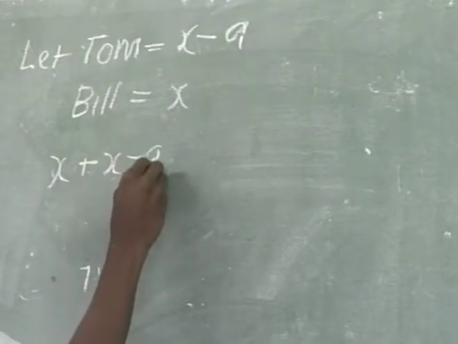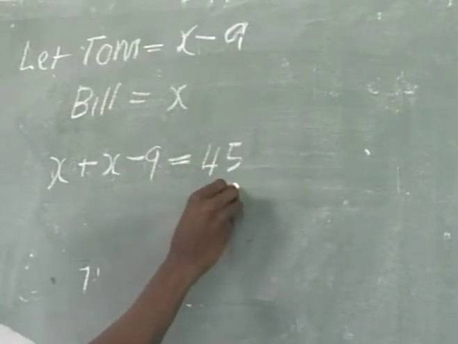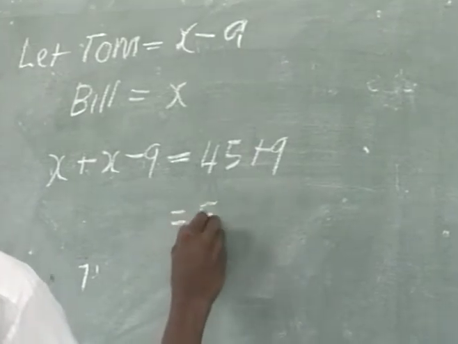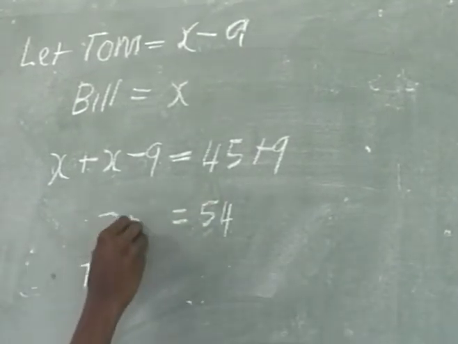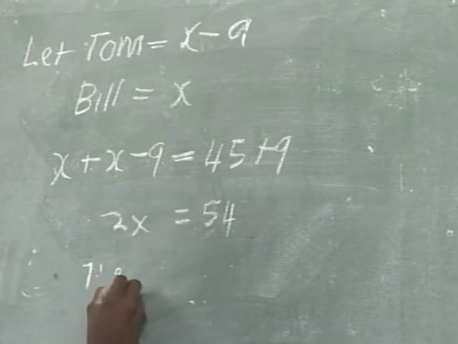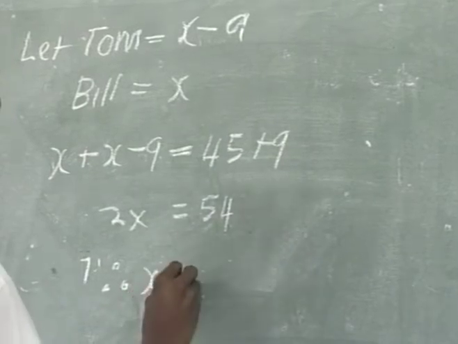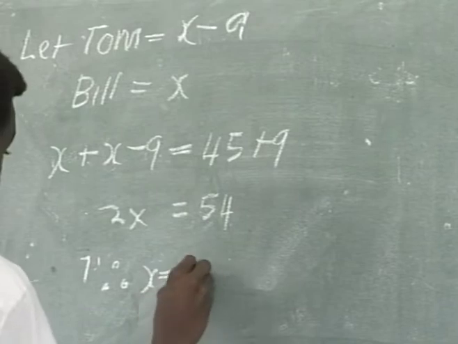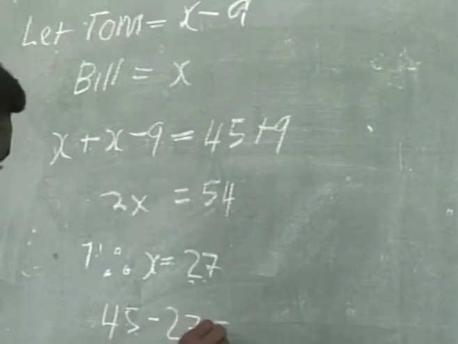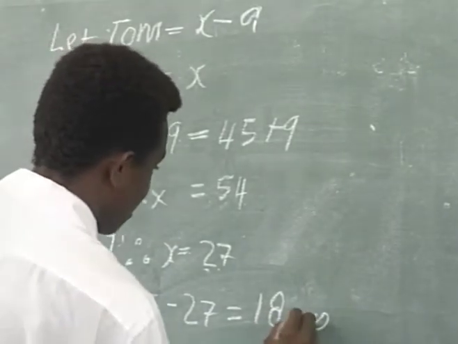Solve the equation. 420 hectares. So, why are you doing 35 times 12?